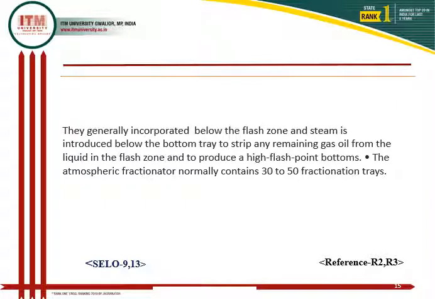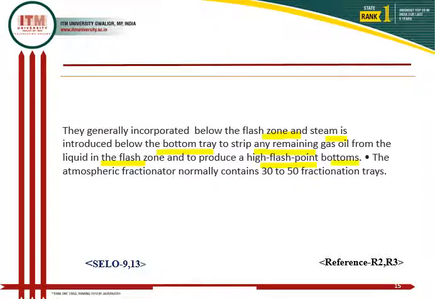So they are generally incorporated below the flash zone. The flash zone is the middle zone, and the steam is introduced below the bottom tray to strip any remaining gas oil from the liquid in the flash zone and to produce a high flash point bottom.